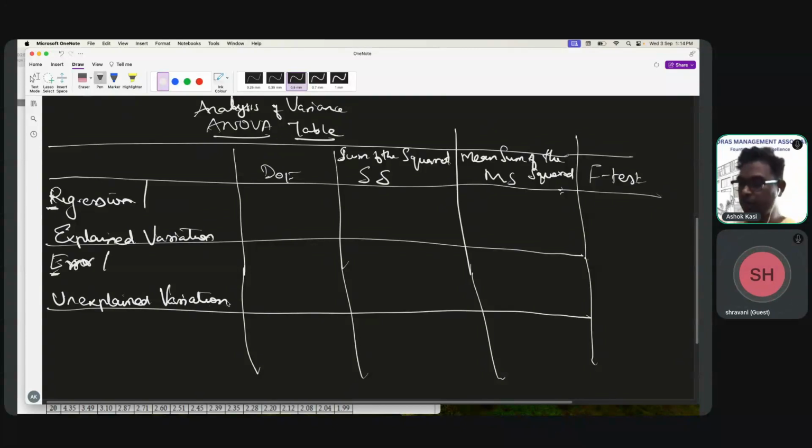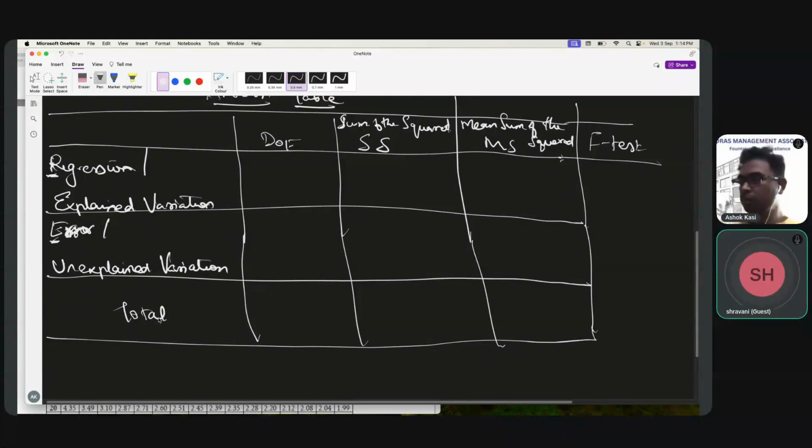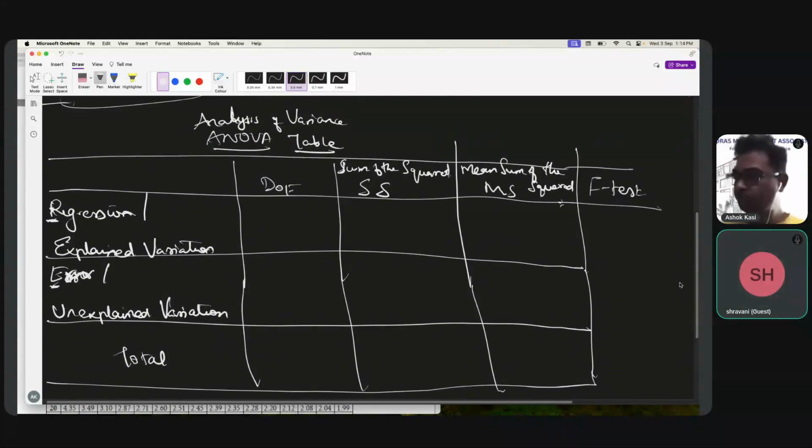Then the next one is total. Yeah, so this is what we need to calculate, all this.